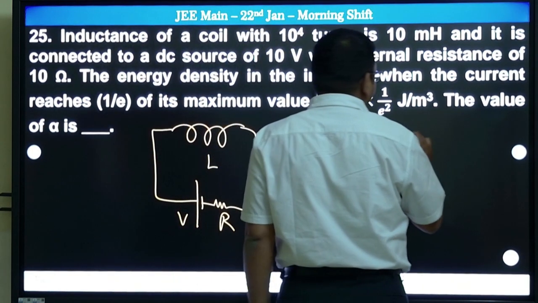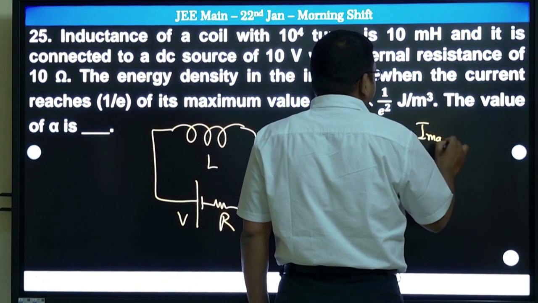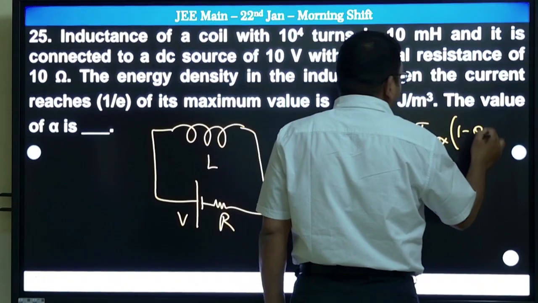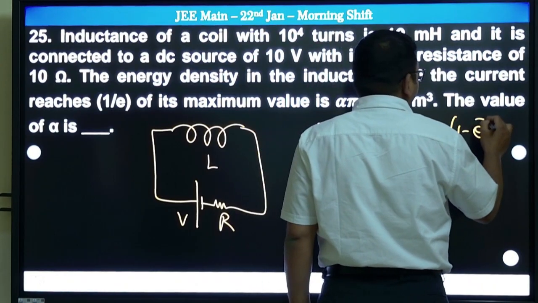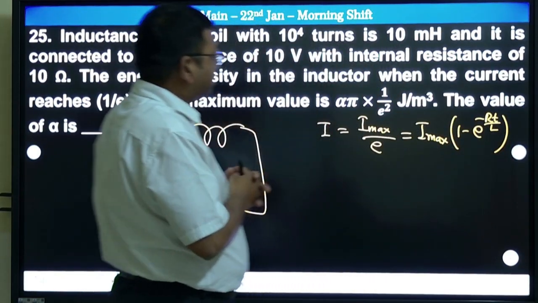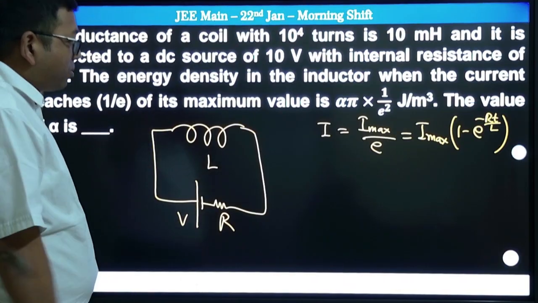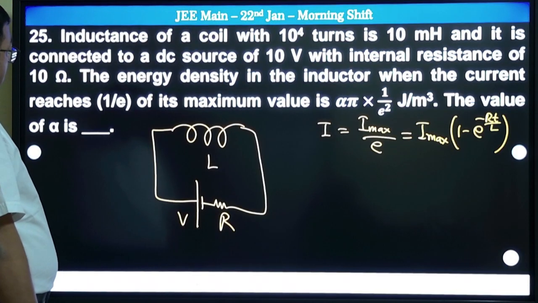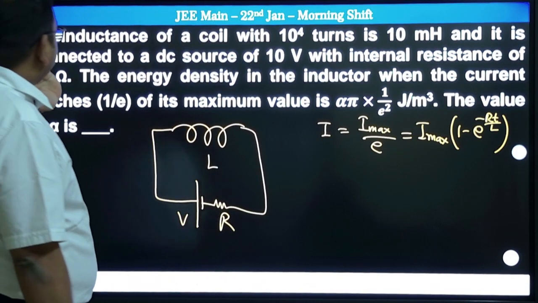Current is I max into 1 minus e to the power minus Rt by L. This formula we already know for the LR circuit. Now the question is, when the current becomes this, what is the energy density?